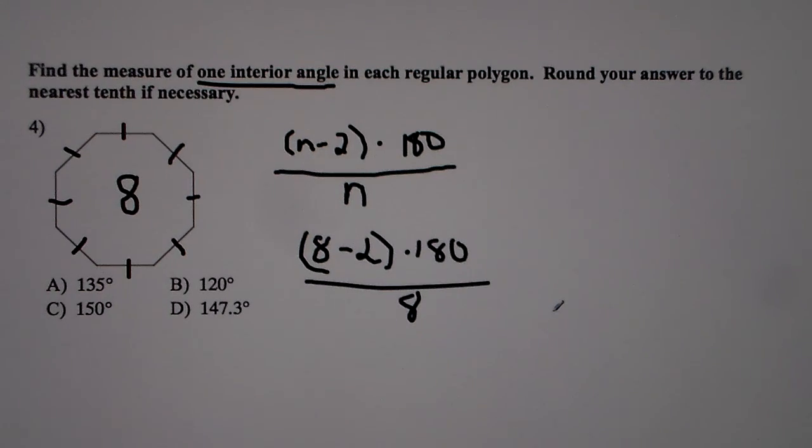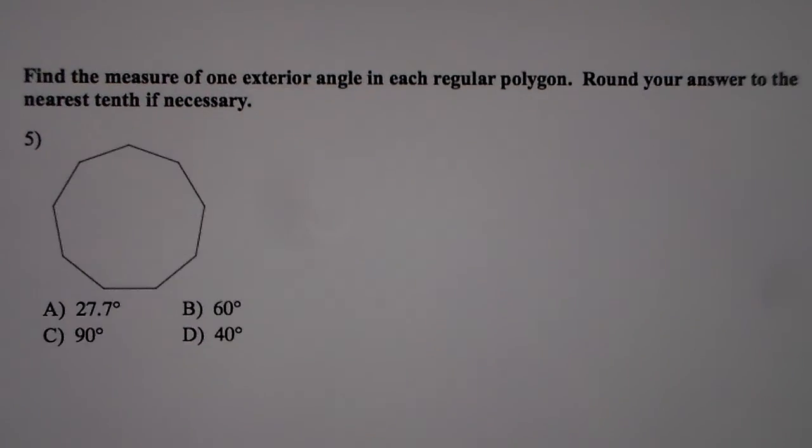I do parentheses for the numerator, and then parentheses again, 8 minus 2, close parentheses, times 180, close parentheses, divided by 8, which gets you 135. So 4 is A, 135.